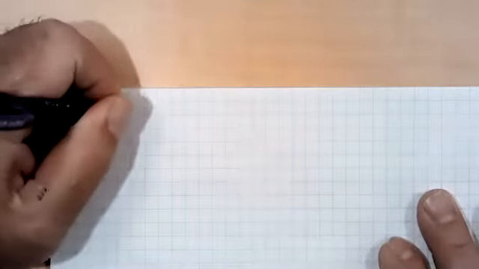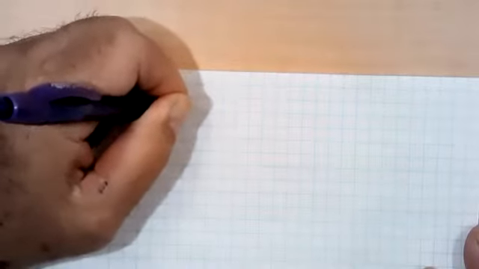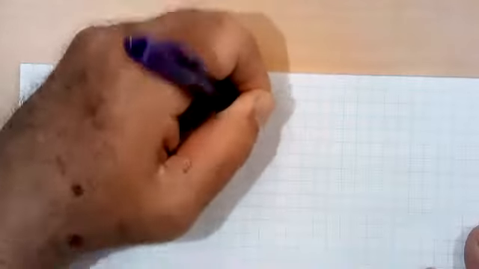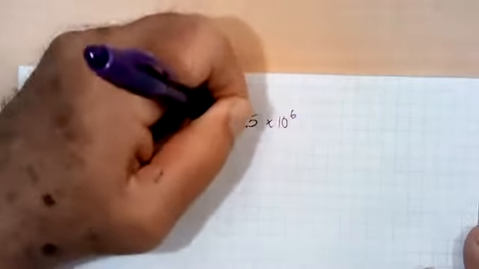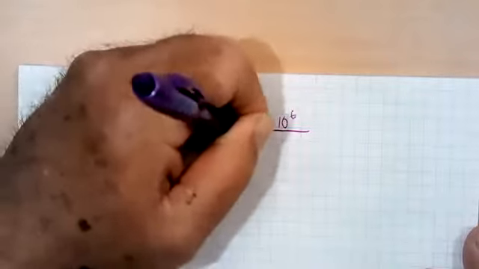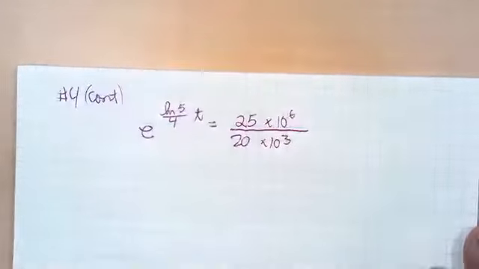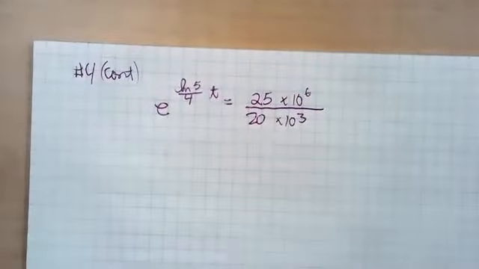So we'll do some calculation. All right, so we've got e^((log 5 / 4) t) equals 25 million divided by 20,000, which I'll write in a way that makes it easy to simplify.